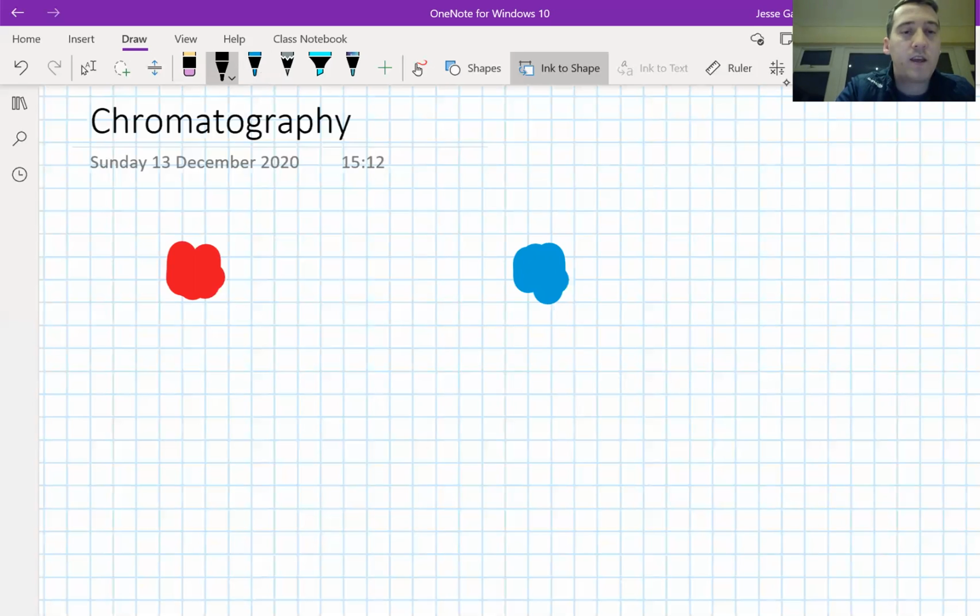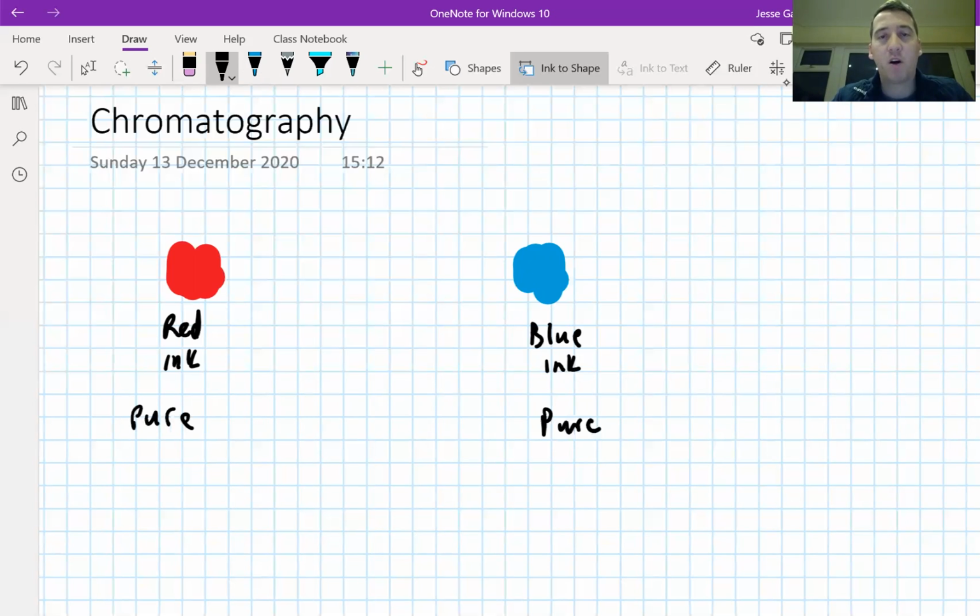This is red ink and this is blue ink. Both of these are pure. Pure means they only contain one substance. Red ink is not made up of other colors of inks. It is pure. It is just one color. There's nothing else in there.